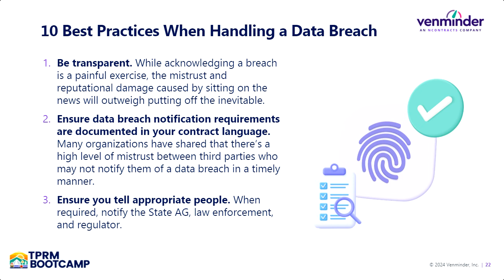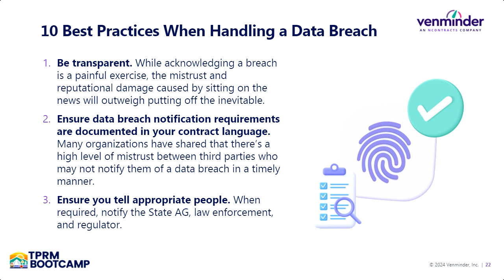And that's why things like ensuring data breach notification requirements in your contract language, that proactive approach is so crucial because ultimately you want to make sure that if something does happen, or when it happens, you're notified as soon as possible, because you'll then have to turn around and do the same thing, which is number 3: ensure that you tell the appropriate people, right?